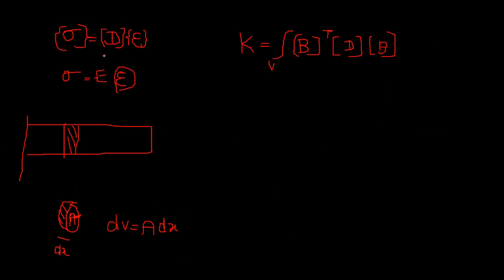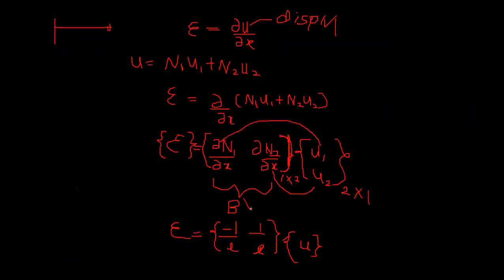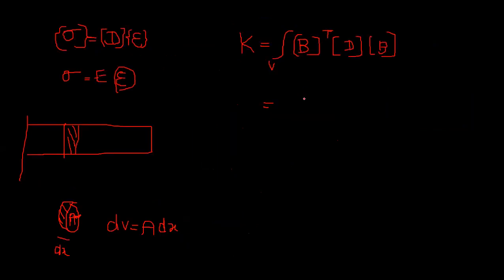And you can write this. So we know D is straight away E, okay? So we know B is minus 1 over L, 1 over L, right? So if you take 1 over L out, this is the transpose, this is minus 1 plus 1. This is E, right?